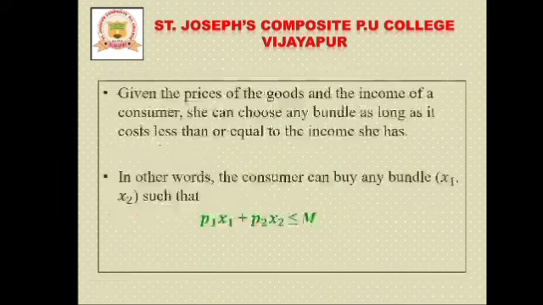So either she can go for X1 commodity or X2 commodity, that is equal to M, her income, or it is less than M. So we can write like this: P1X1 plus P2X2 is less than or equal to income.